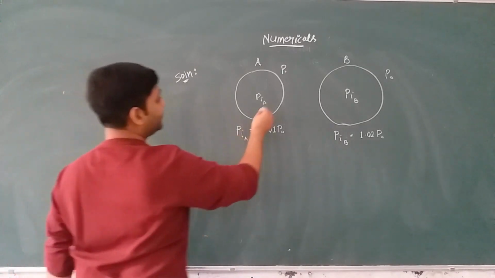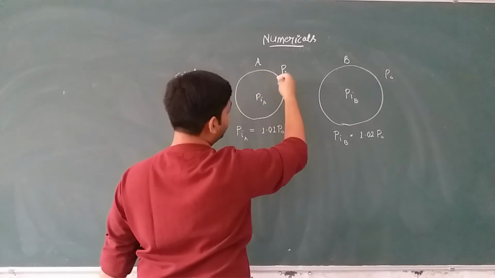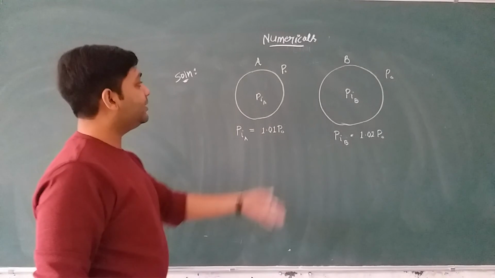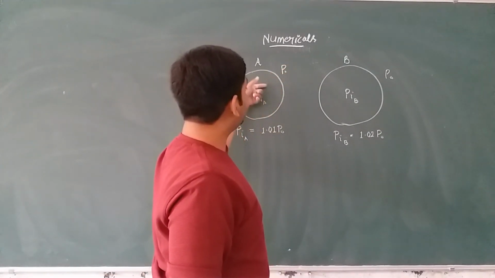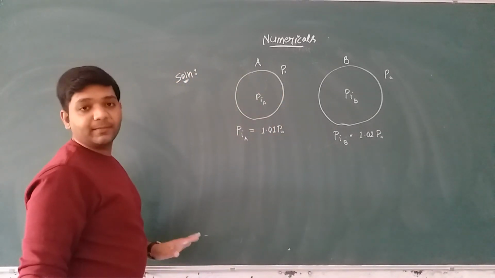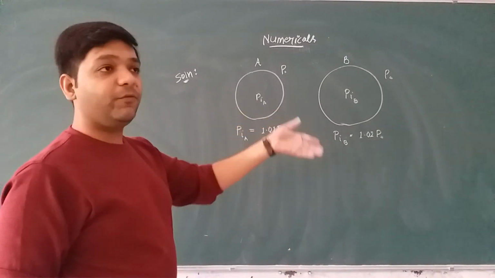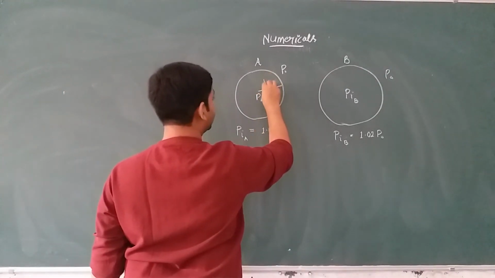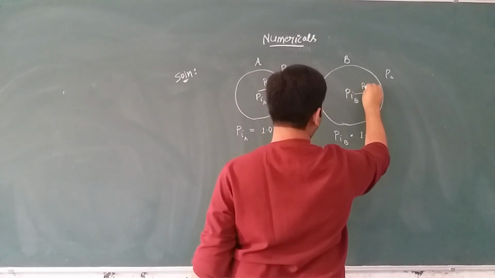Now we know by what value the pressure inside is greater than the pressure outside. The excess pressure inside a soap bubble is 4T upon R. So if the outside pressure is P naught, then the inside pressure should be P naught plus excess pressure, and the excess pressure is given by 4T upon R. Let's say the radius of this soap bubble is R1 and the radius of this soap bubble is R2.